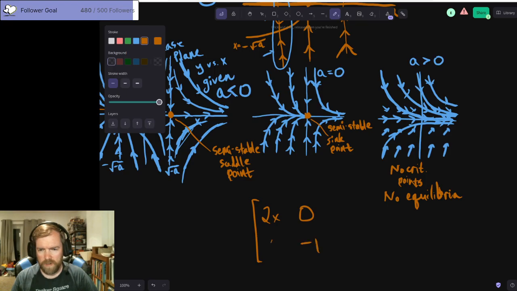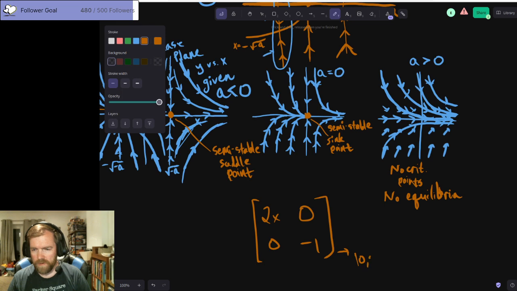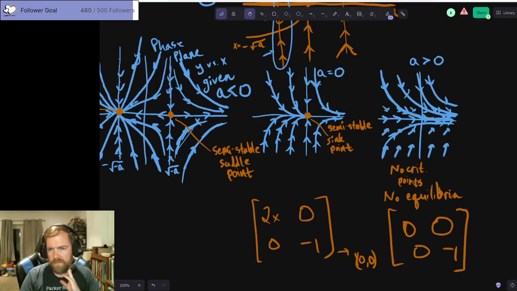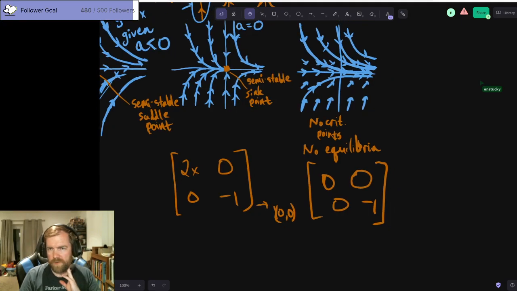Ah, because we have a 0 row. That's why it doesn't look like anything we've done before. Yeah. Right, so if we do it at 0, 0: 0, 0, 0, negative 1. So not particularly helpful in that sense. So we would essentially just have x as a constant and y equal to e to the negative t.